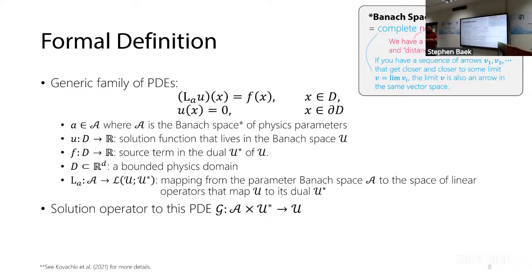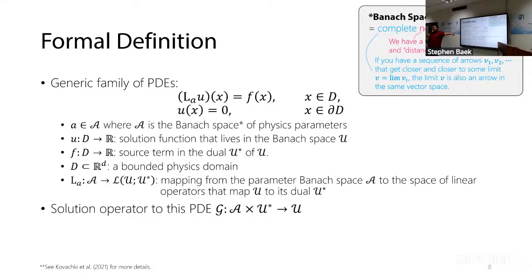So you have some physical parameters and then control inputs that come into the system. From there, you want to predict what's going to happen in the future at some arbitrary time t, which is another Banach space of functions u that we're interested in predicting.